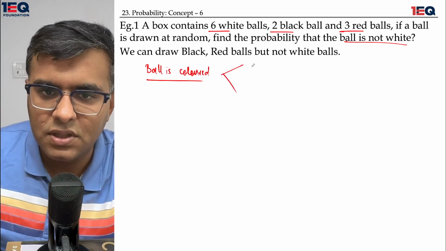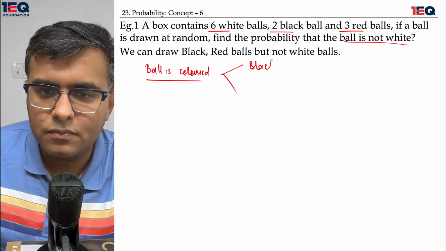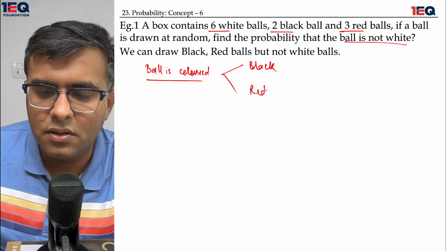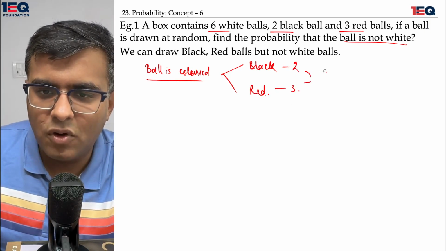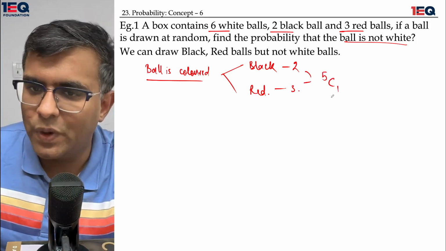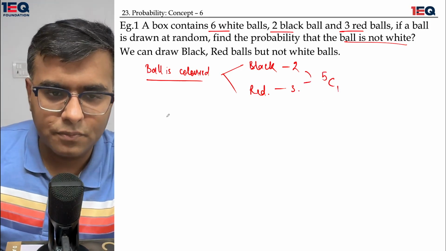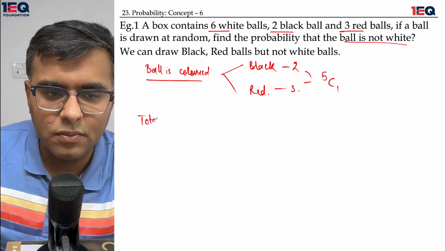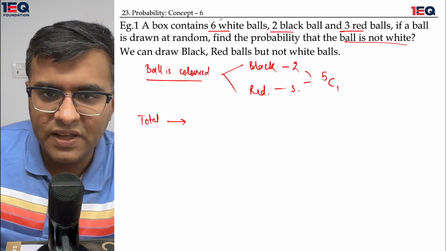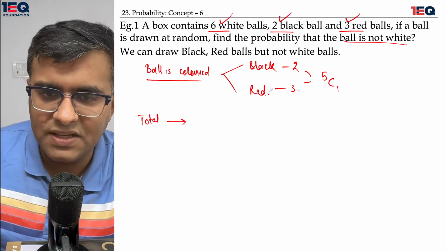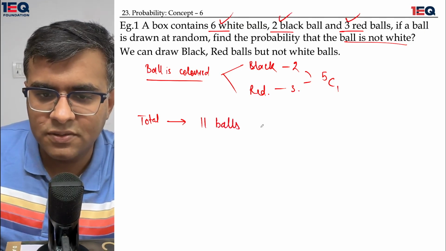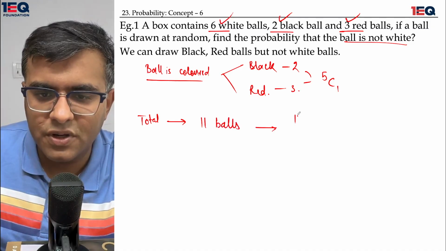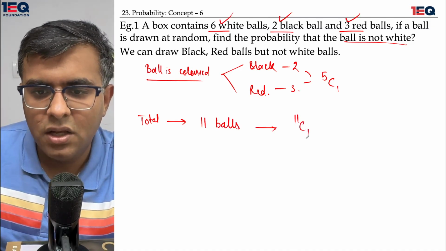There are two options, one is black and the other one is red. So there are two black balls and three red balls. Out of these 5 balls, I have to choose one. The total number of balls, 6 plus 2 plus 3, makes 11. Out of 11 balls, I have to select one ball.